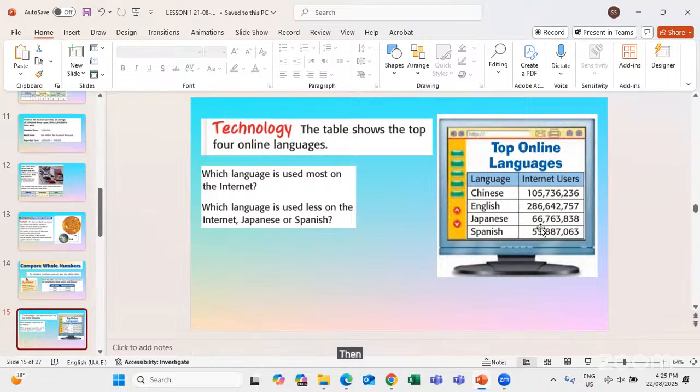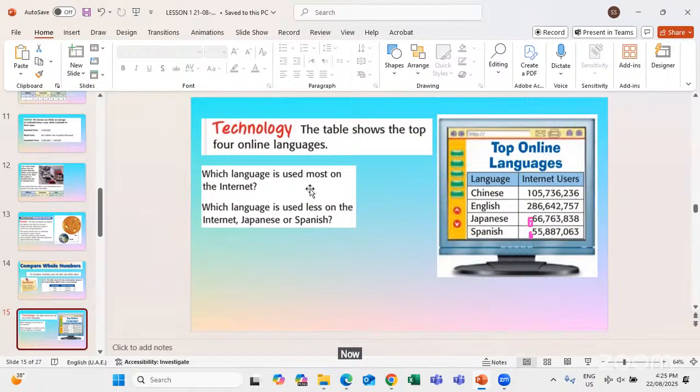Then Japanese is 66,763,838. And the last one is Spanish, which is 55,887,063. If you look at the last two, there is no 100 millions given, so we can just put a zero.